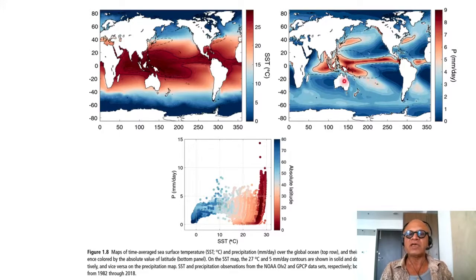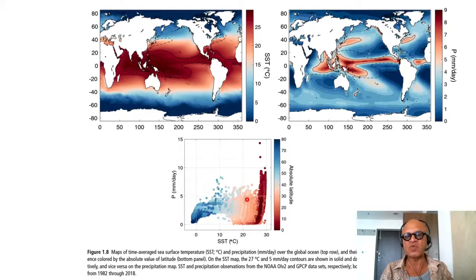So what can we do with this? We can also plot this with absolute latitude, with colder colors, so you plot it against sea surface temperature and rainfall. At high latitudes and cold temperatures, precipitation is pretty much close to zero, but as you warm up towards lower latitudes, so you go to warmer colors here, precipitation begins to increase.